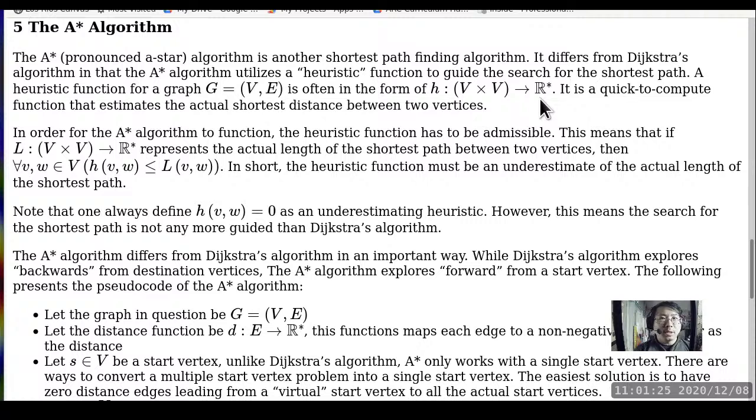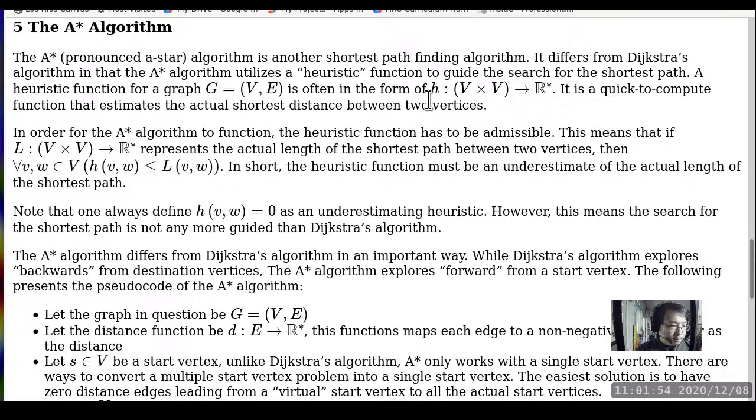Basically, we are just looking at every single way to pair a vertex with another vertex, including itself. And then we map that to the non-negative real numbers, which is basically just a rule of thumb. The idea of this function h is that it should be inexpensive to compute, but it is always going to give you an underestimate of the length of the shortest path between two vertices.